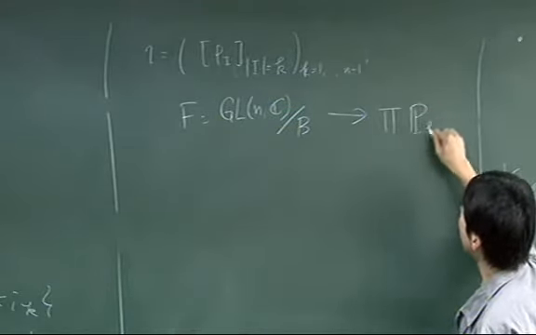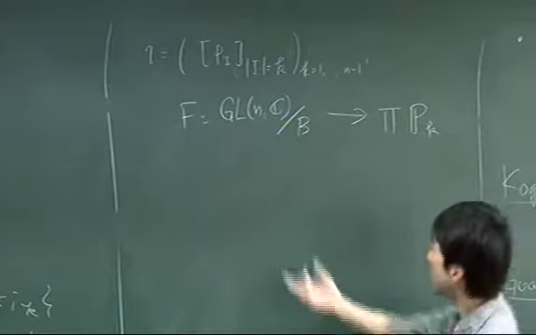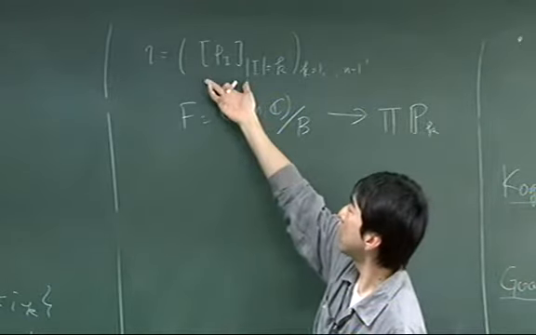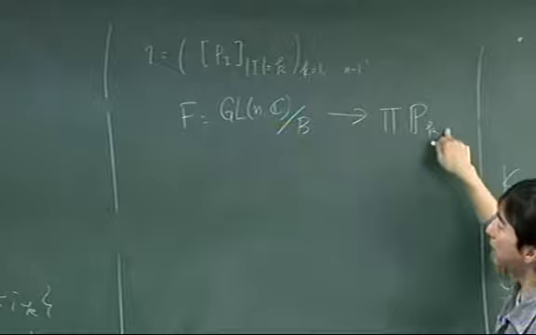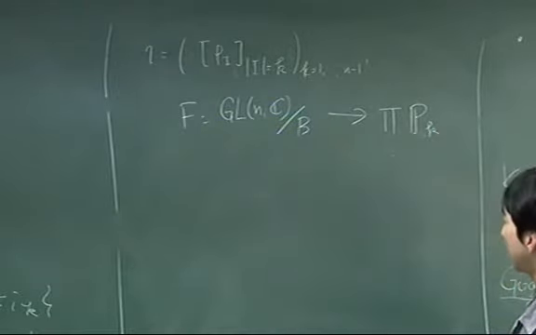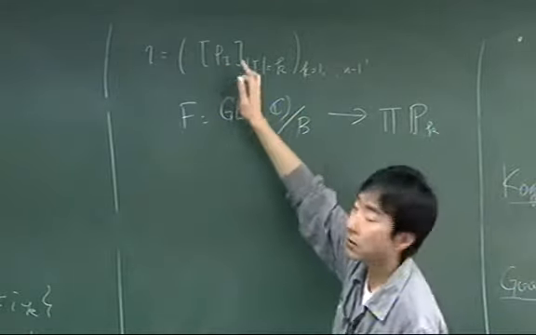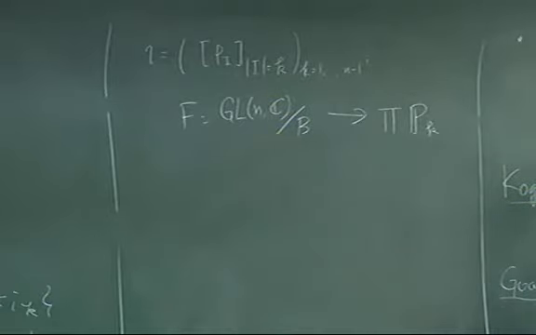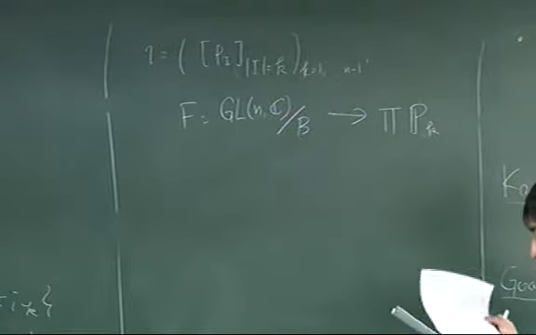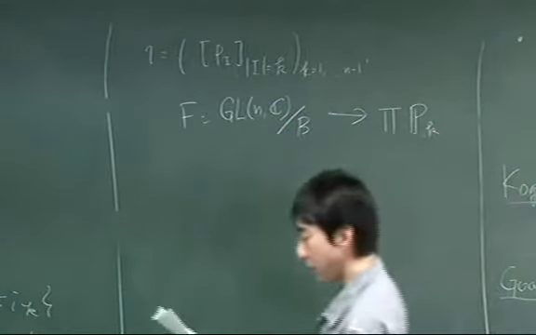This part is a homogeneous coordinate on this P_k. So these P_I are called the Plücker coordinates. This is one realization of flag manifolds.